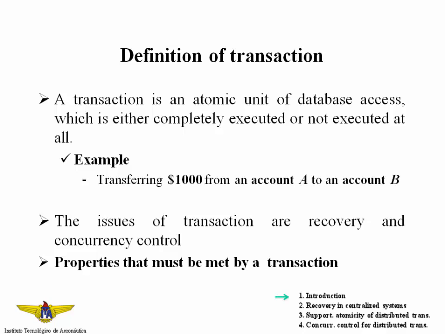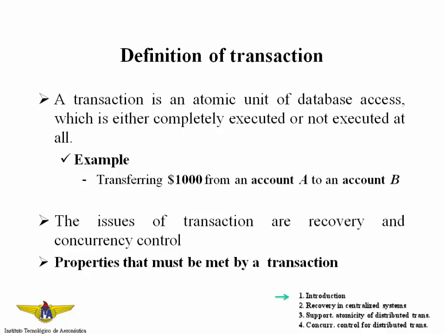For instance, a transfer of some amount, for instance $1,000 from account A to account B, can be seen as two sub-transactions. One is the debit of $1,000 from account A. Another sub-transaction is the credit of $1,000 on account B.